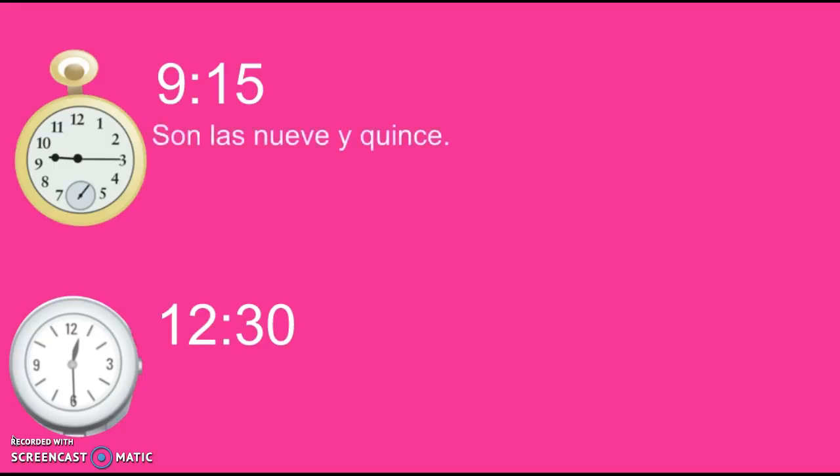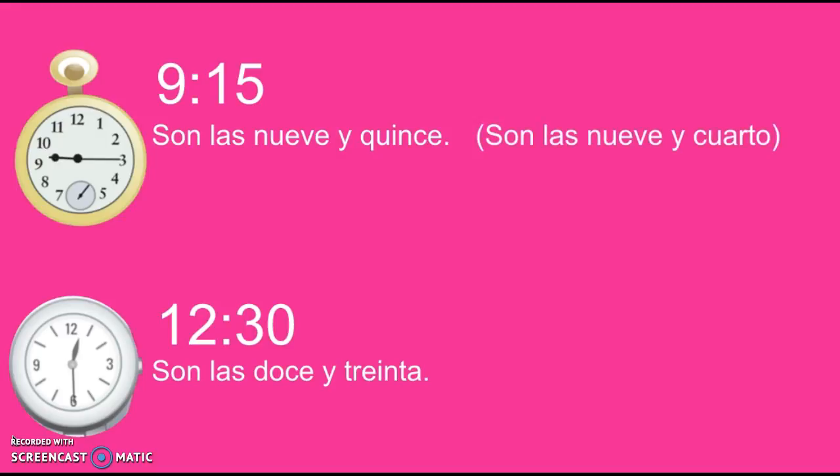So if it's 9:15, you can say son las 9 y 15. And if it's 12:30, you could say son las 12 y 30. Or you might want to say for 9:15, son las 9 y cuarto. This is like saying it's a quarter after 9. Or if it's 12:30, you could say son las 12 y media. Means it's half past 12.